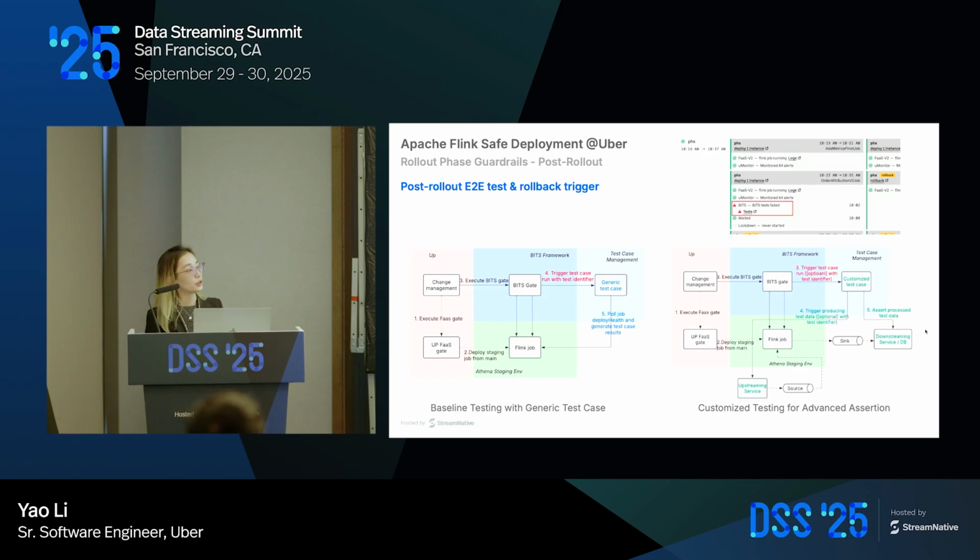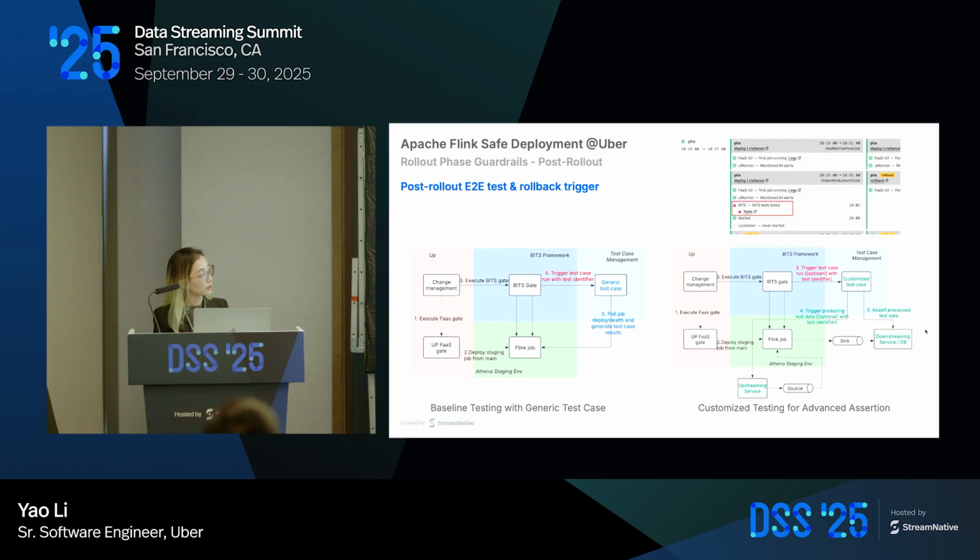So this can fulfill most of our customers' requirement, especially when their job logic is simple and straightforward, but we do have some complex jobs, and they need to have validations or assertions on their job state or data correctness. So for those use cases, we encourage customer to have their own test case built and with some advanced assertions.